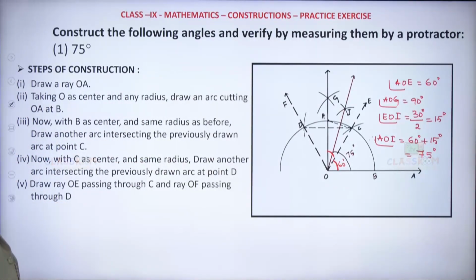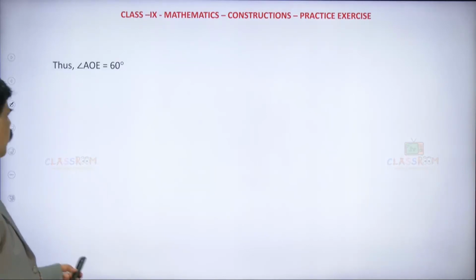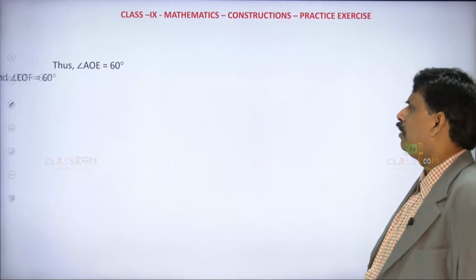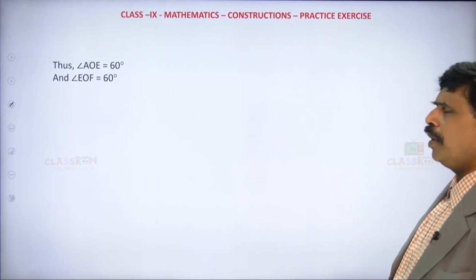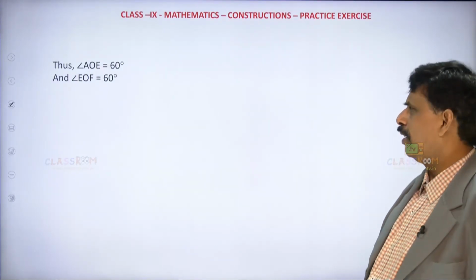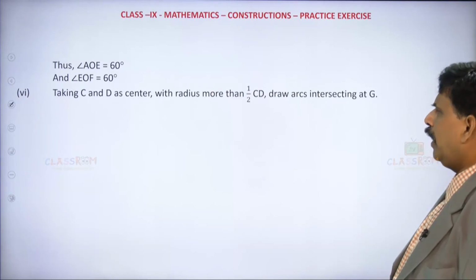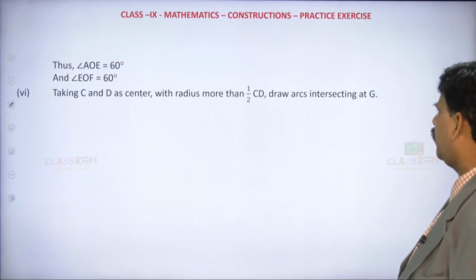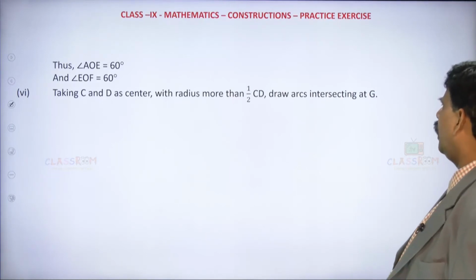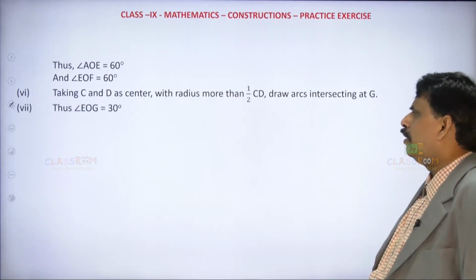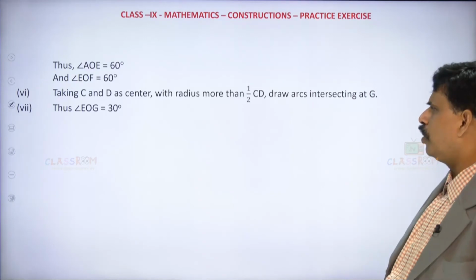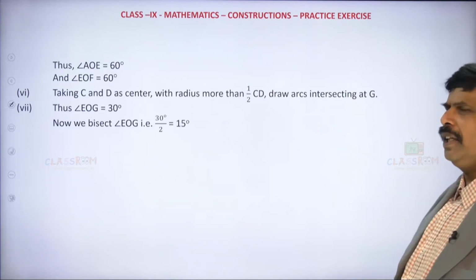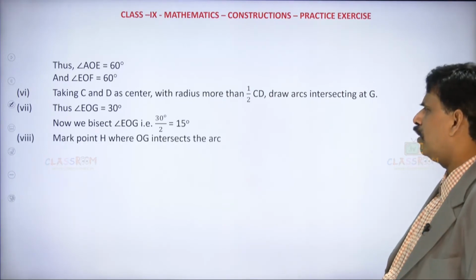After drawing that, what have we done? Angle AOE, we got 60 degrees. Angle EOF will also be 60 degrees, right? Now taking C and D as centers and radius more than half CD, draw the arcs intersecting at G. Thus angle EOG is 30. Now bisect angle EOG, that will be 15 degrees.